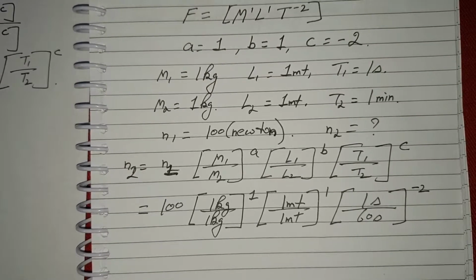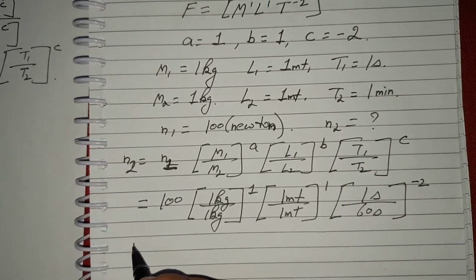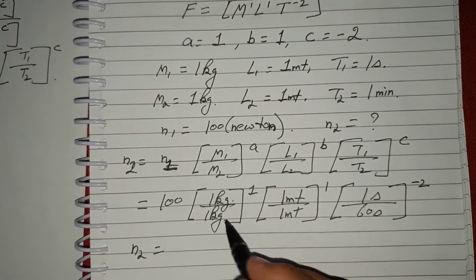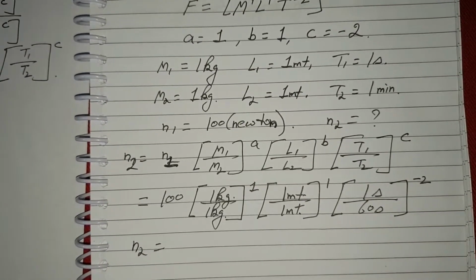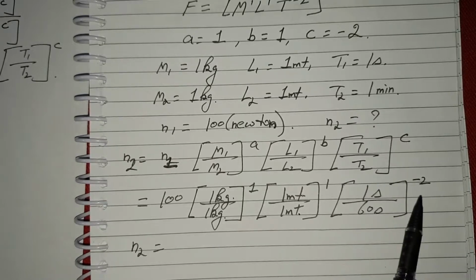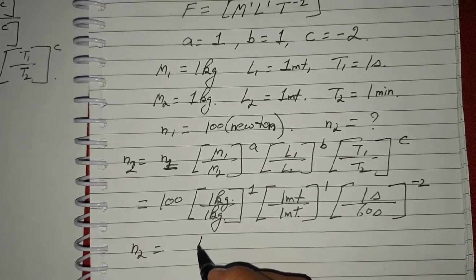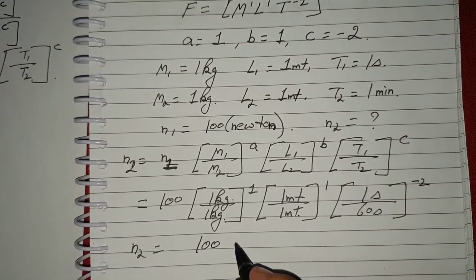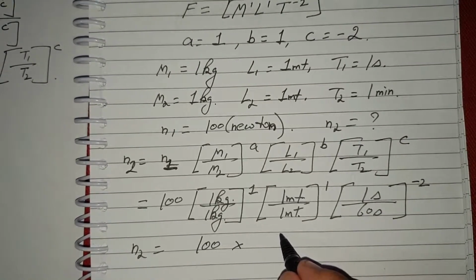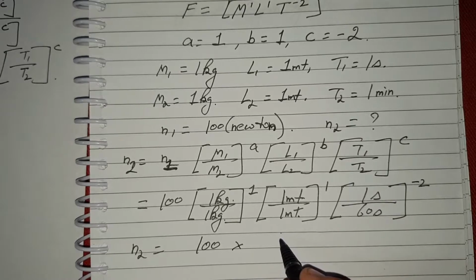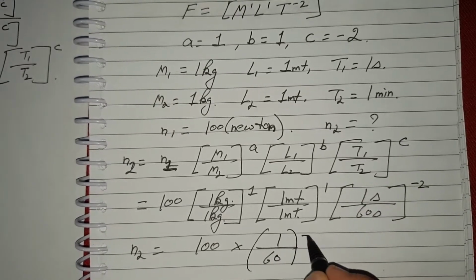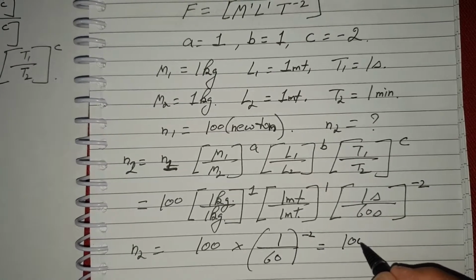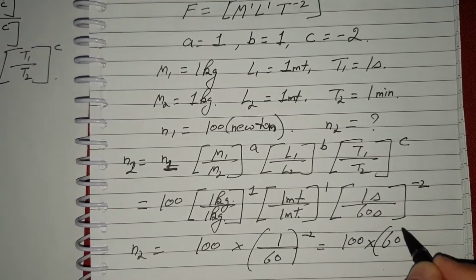Okay. So N2 will be, this and this will cancel. Now this is 60. So 60 into 60 is 3600, because it's a square and it's -2. So this will reciprocate: 100 into 1 by 60 to the power -2, or you can write 100 into 60 to the power 2.